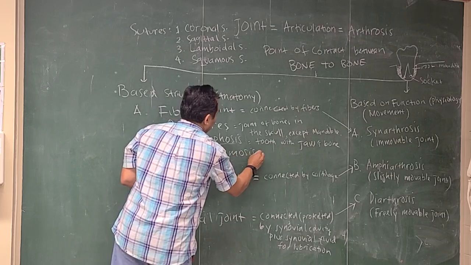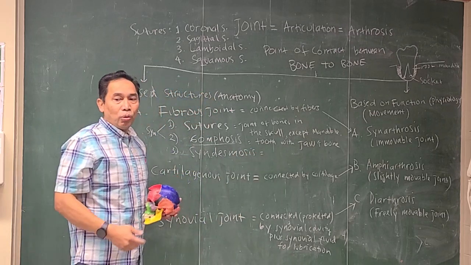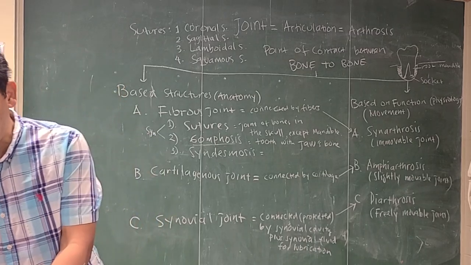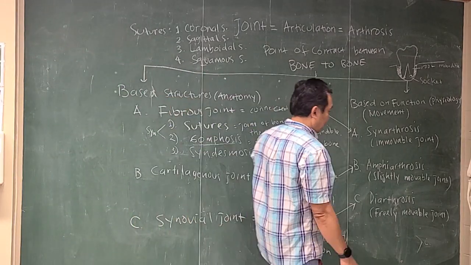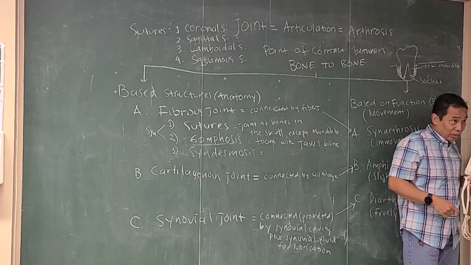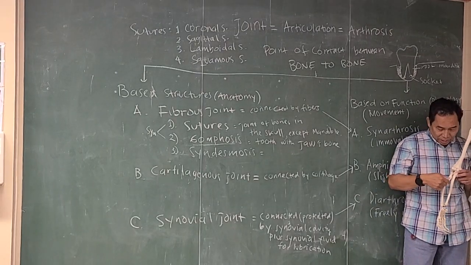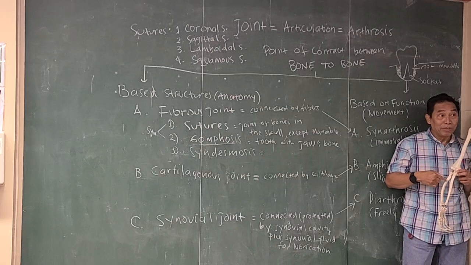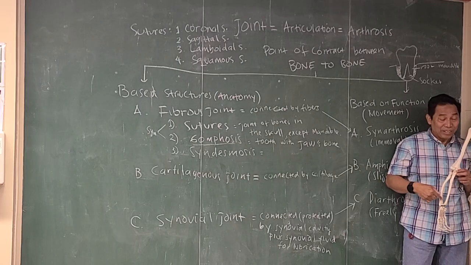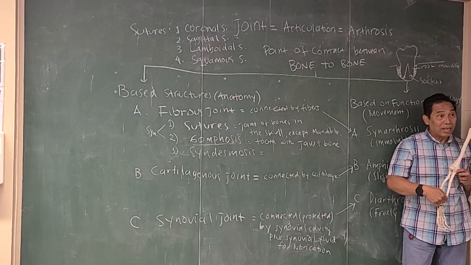Syndesmosis. This is only located in two locations of our body. You see this one, the two bones in the lower arm. What is the bigger one? Radius. What is the smaller one? Ulna.